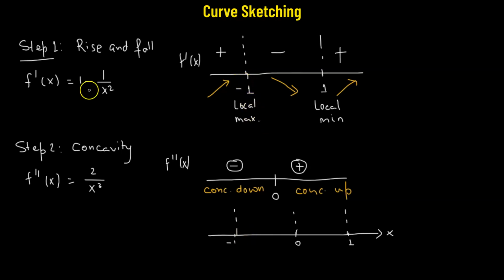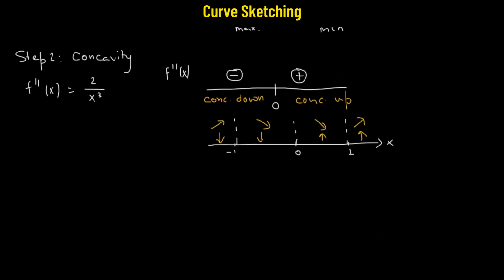For values less than -1, we have an increasing function. For all values lying between -1 and +1, we have decreasing values. And for values greater than 1, we have increasing. Next, we talk about the concavity. For all values less than 0, it is concave down, so I'm using a downwards arrow. And for all values greater than 0, we have upward concavity.